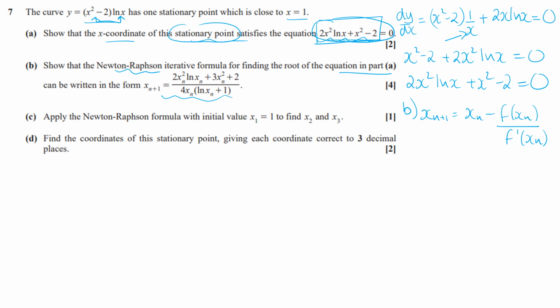So I'm going to do all of this just with x's and put the xn's in at the end maybe. So we're going to have x minus the f of x, which is our equation, 2x squared ln of x plus x squared minus 2, all over f dash of that equation that we've just written down.